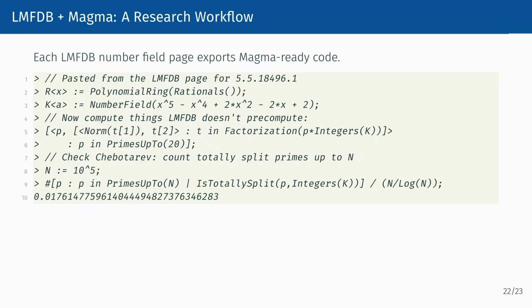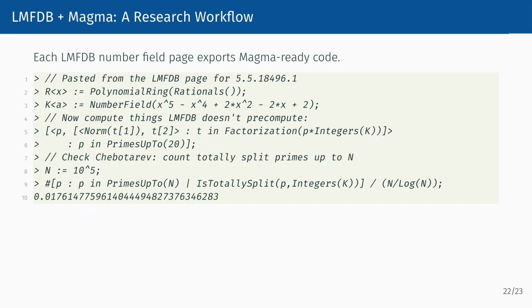So you can get the number field that you're interested in and just compute things in Magma that didn't appear on the LMFDB. So in this instance, I'm just checking the factorization of primes up to some bound. Here, I'm just counting the number of primes that are totally split, like factor completely into 5 different primes in this number field, and checking their proportion. In this case, this is predicted by a theorem by Chebotarev.